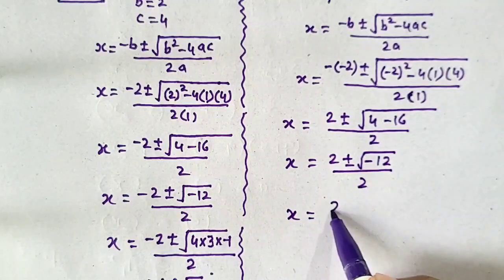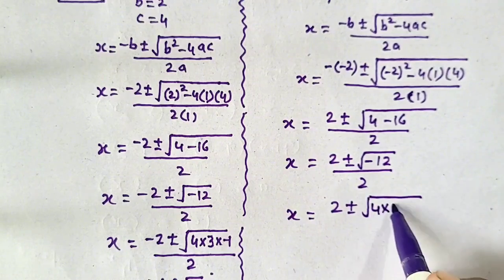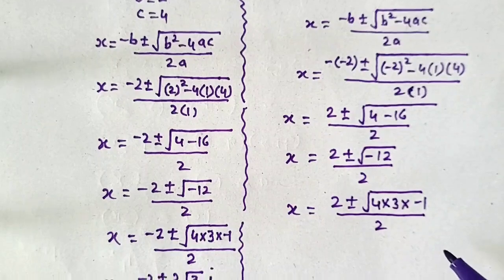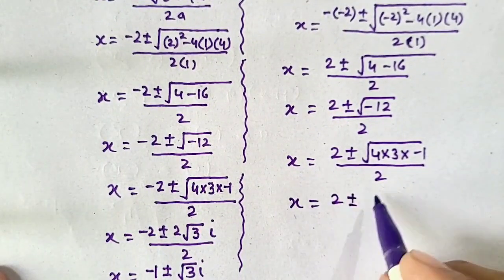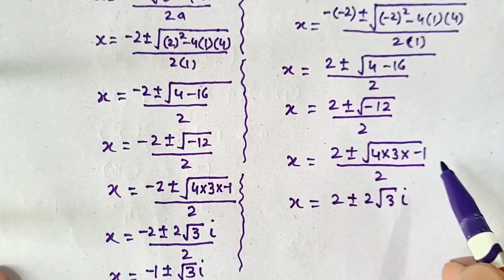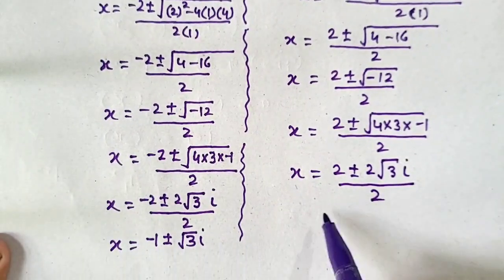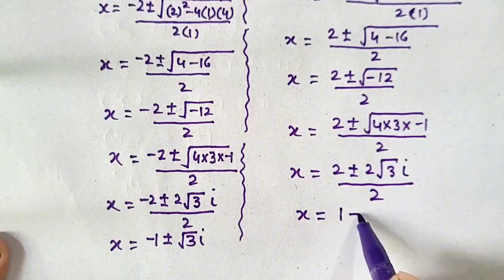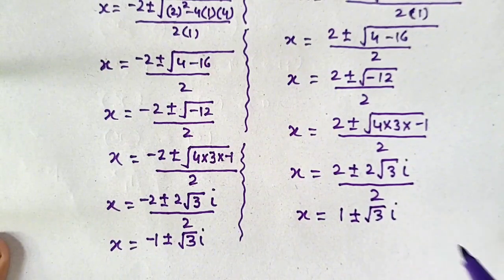So we will make factors of 12: 4 times 3 times minus 1, divided by 2. So x will be equal to 2 plus minus 2 square root of 3, and square root of minus 1 is iota, divided by 2. So after taking 2 as common, there is a cancellation and we will get 1 plus minus square root of 3 iota.